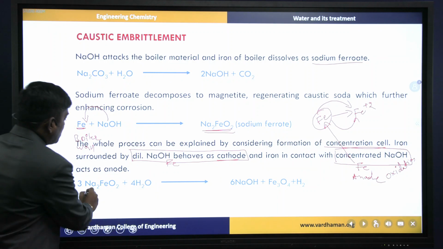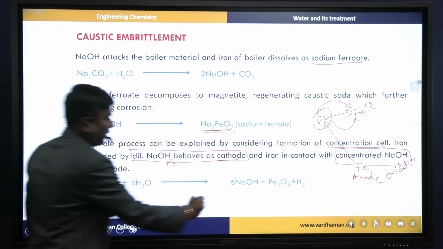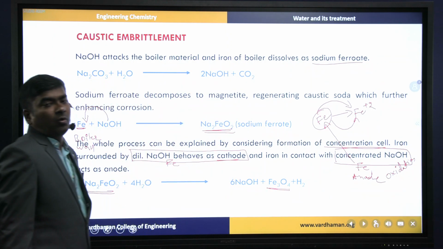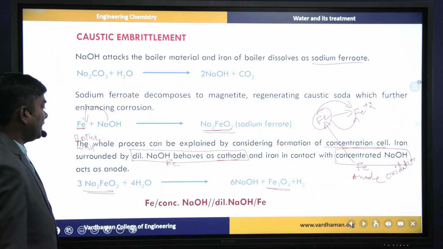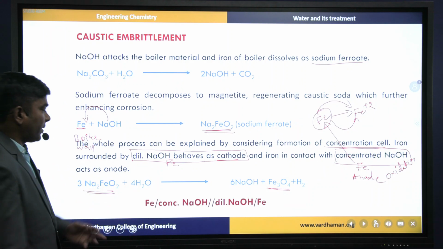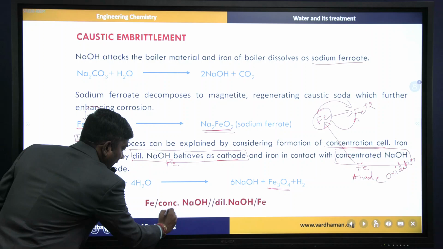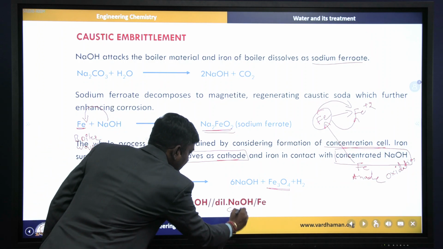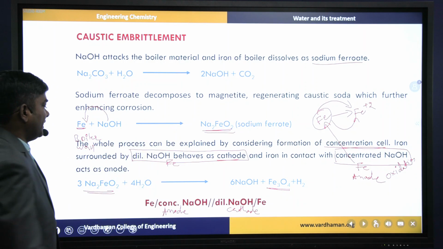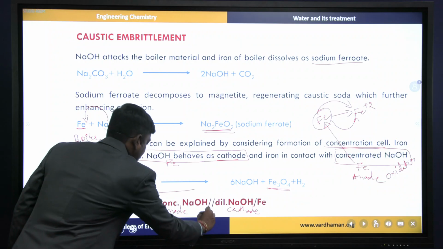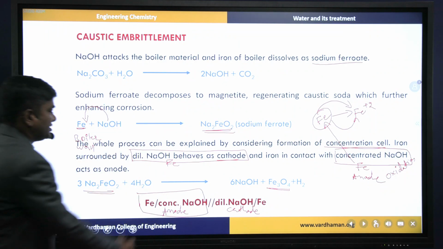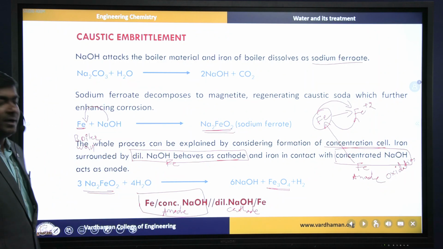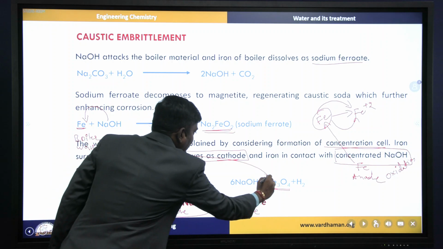Sodium ferroate is forming Fe3O4, magnetite, right? So see the cell formation here: this is the anode and this is the cathode. Disintegration takes place at this region because oxidation takes place here. So this is nothing but boiler corrosion.